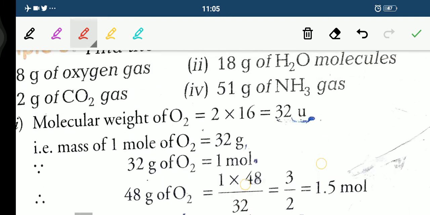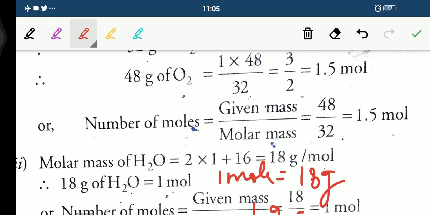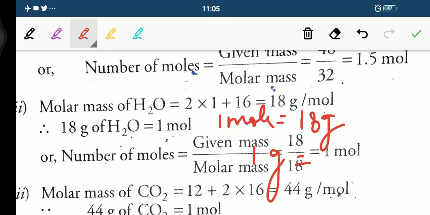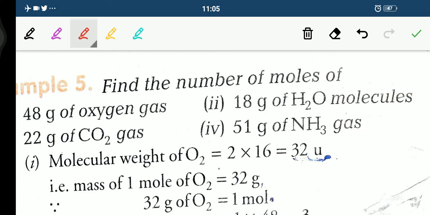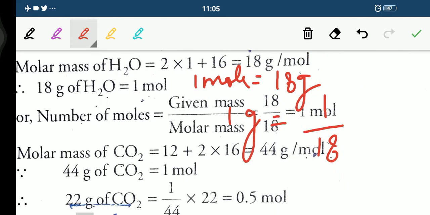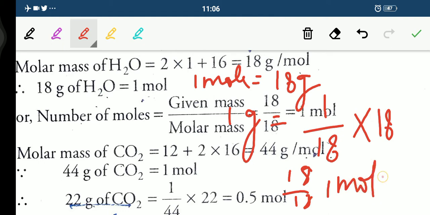Let me check the question. Yeah, they are asking us to find out the moles. So mole will be your numerator, 1 upon 18. And the question asks about 18 gram of H2O molecule, so just simply multiply it with 18. It comes out to be 18 upon 18 and you get 1 mole. I hope it is clear, bache.